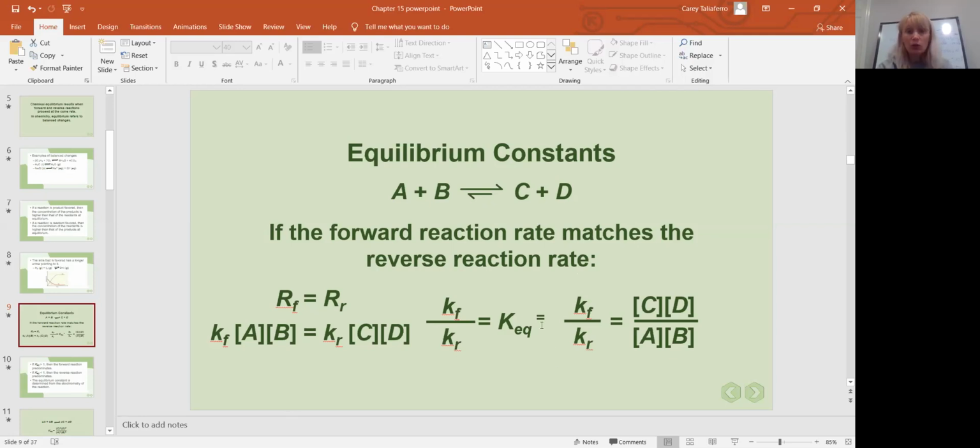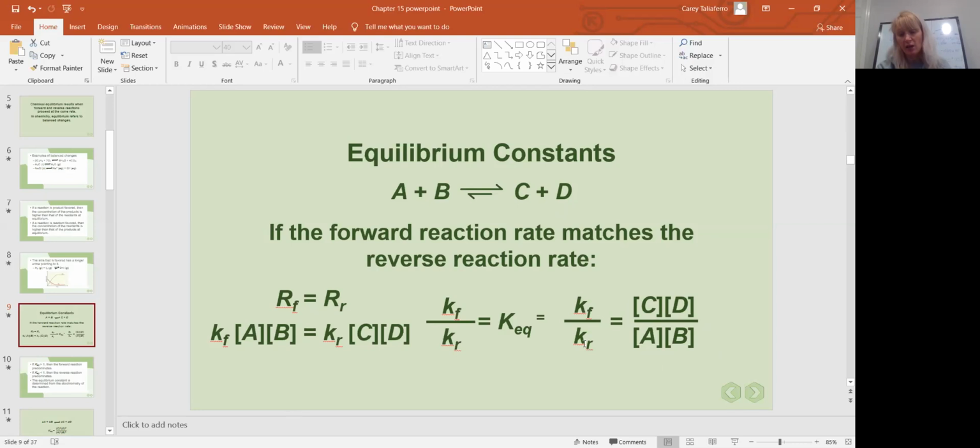And so the equilibrium constant is the ratio of the concentrations, so these brackets right here refer to the concentration in molarity. So it's going to be the concentration of the products over the concentration of the reactants.